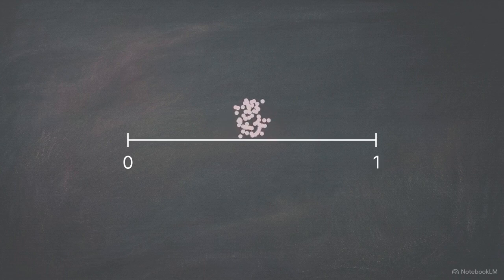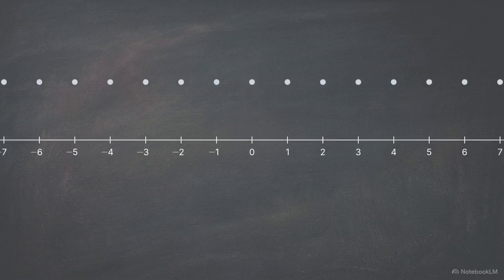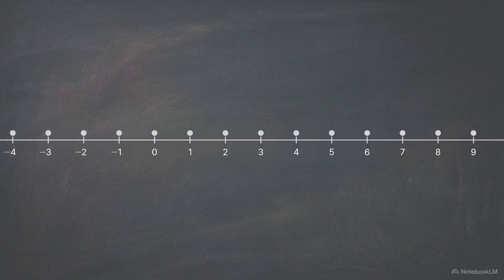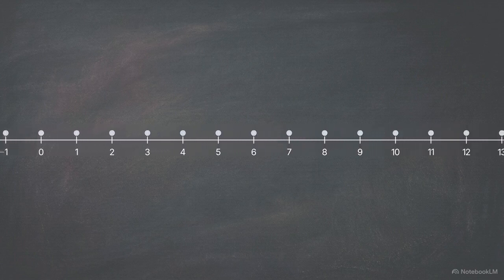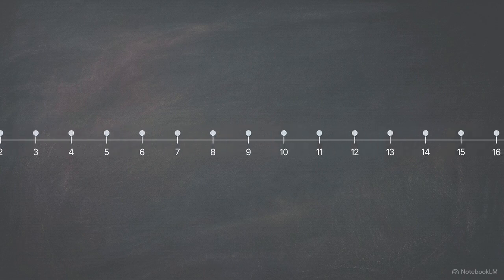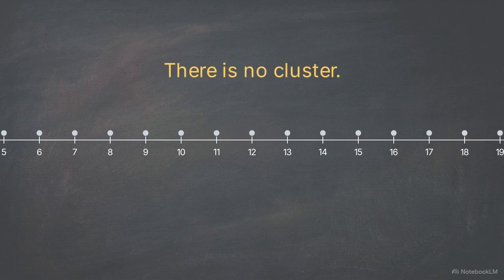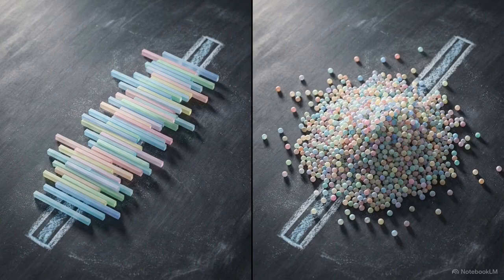Because the space is restricted, the points inevitably bunch up and pile on top of each other, creating a cluster point. We can test the real line against this exact requirement using the set of integers as our infinite subset of points. Because the infinite space allows these points to march outward forever with perfectly equal spacing, they never accumulate. There is no cluster.